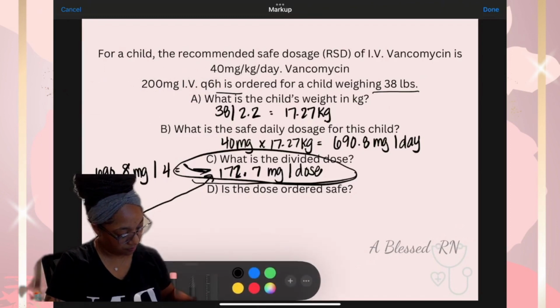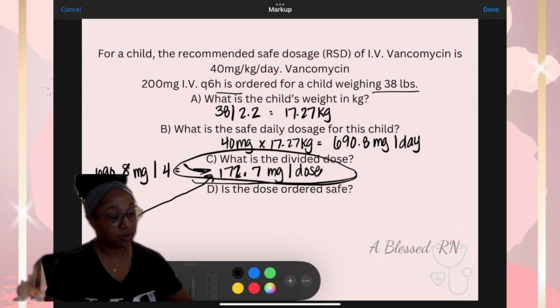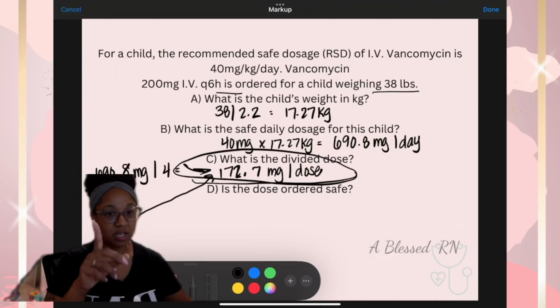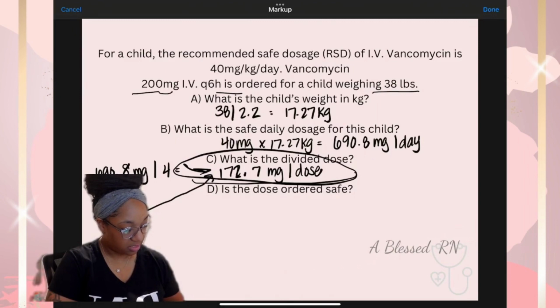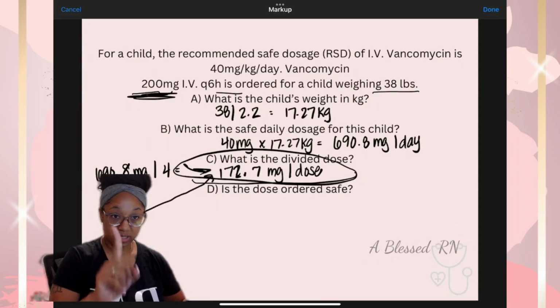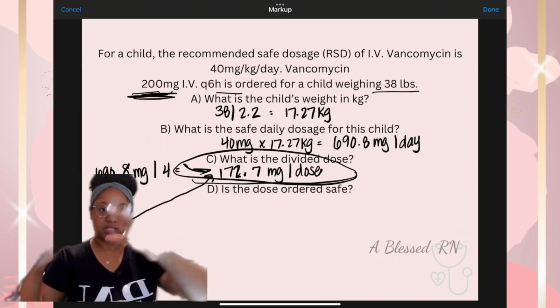All right. So the vancomycin order is going to be the strength, the frequency, the route, okay? So the strength is 200 milligrams, and it's going to be in IV form, and then it's going to be every 6 hours. So this is going to be given once at a time every 6 hours.